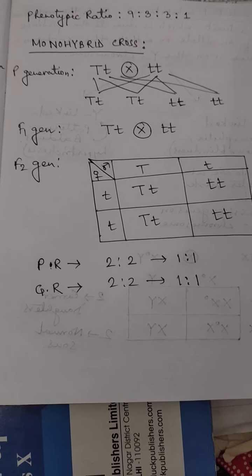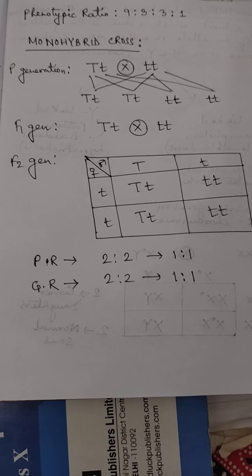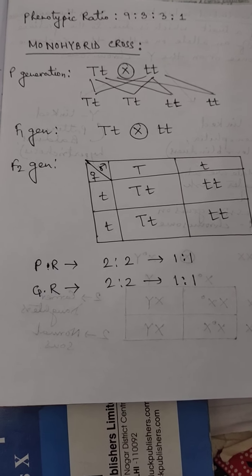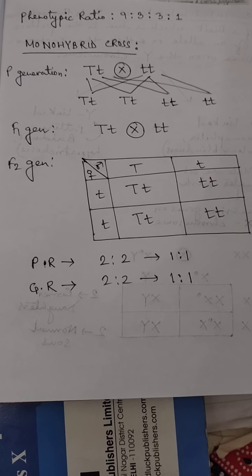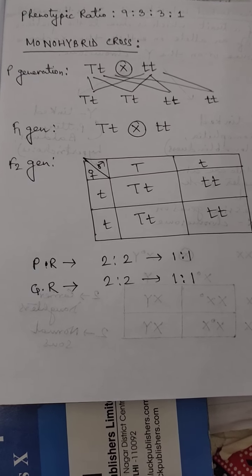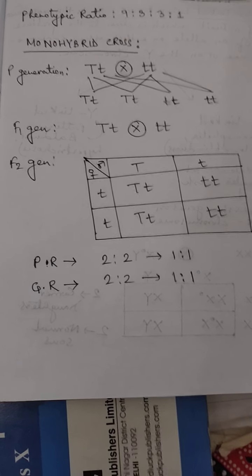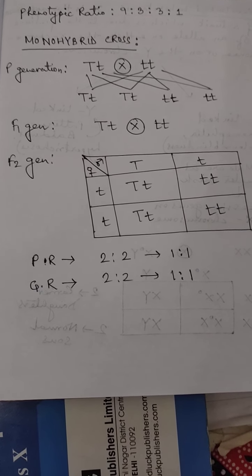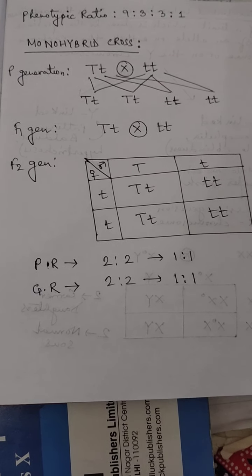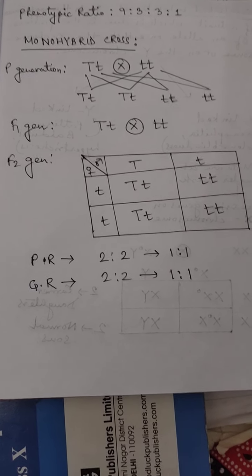Now in the F2 generation, again when we are drawing the checkerboard, we are segregating the genes in a similar way, and we are getting the phenotypic and genotypic ratio similar here, that is 2:2. That means 1:1, because capital T small t means tall pea plant, and small t means dwarf pea plant.